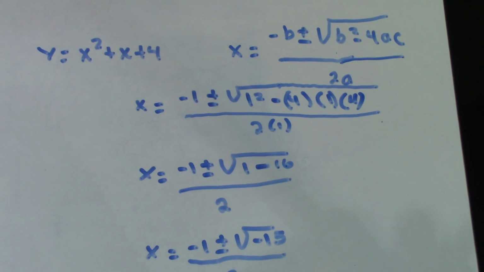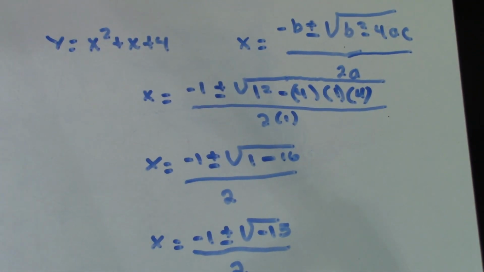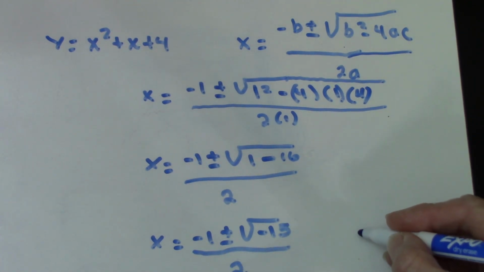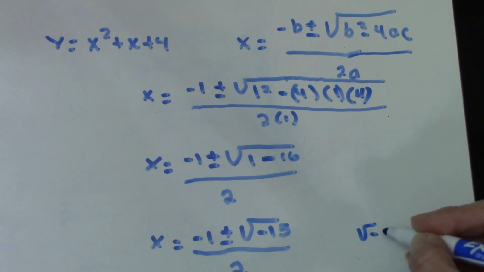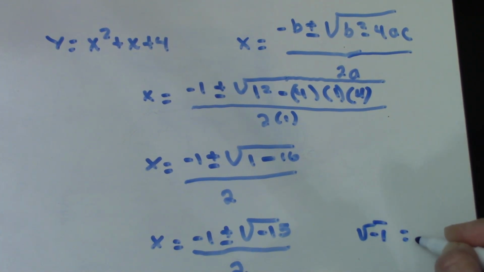And we see that we're trying to take the square root of a negative number. And we can't do that. But we know that the square root of negative 1 is equal to i, which stands for an imaginary number.